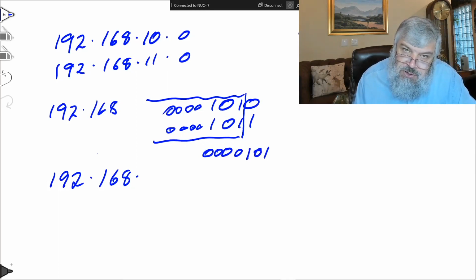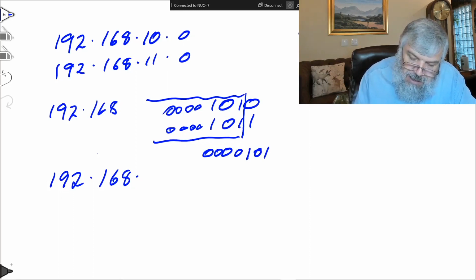I have to convert that to decimal, but before converting it, I need to pad it out with zeros. The entire host portion needs to be padded out with zeros. I've got 7 bits there, so I need to add a 0 to complete the entry.